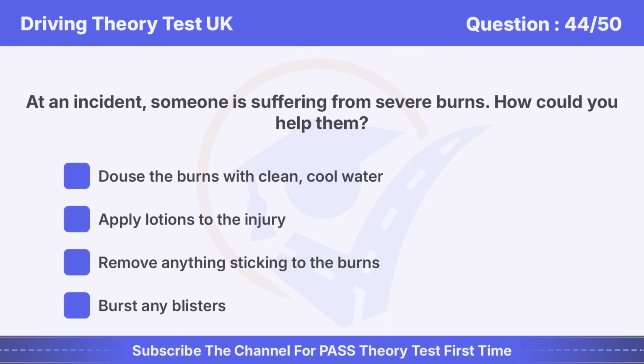Question 44. At an incident, someone is suffering from severe burns. How could you help them? Answer is A. Douse the burns with clean, cool water.